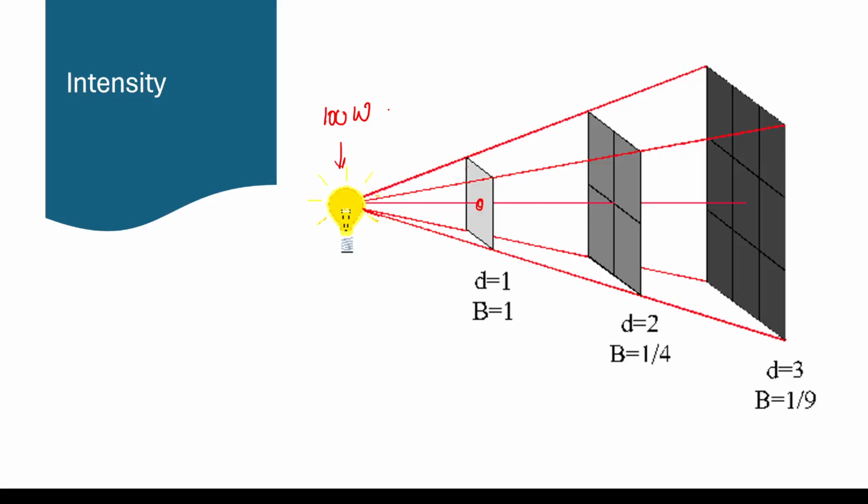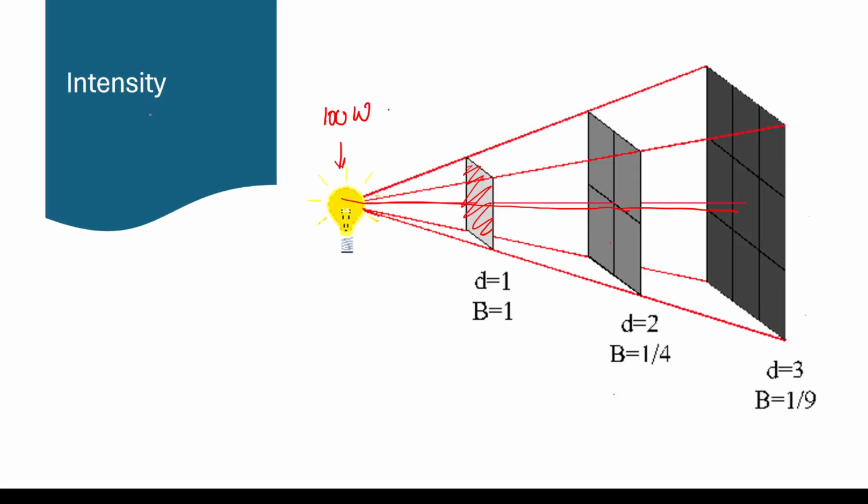But if you move to a distance d equals 2, the energy received becomes 1/4. So as you double the distance from the source of light, the energy received per second decreases to 1/4. And similarly, if you move to 3 times the distance, then the energy received becomes 1/9.